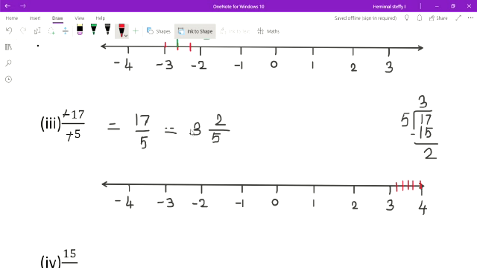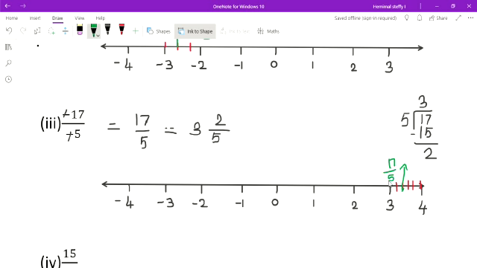Okay, then which one are we going to find? Second one. So second part, where is the second part? Here. So this is the second part. So 17 by 5 is represented at this place. Okay, 17 by 5.